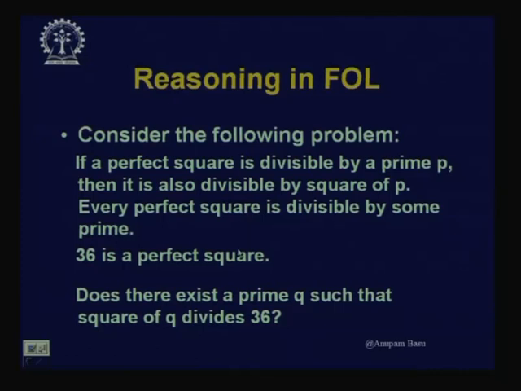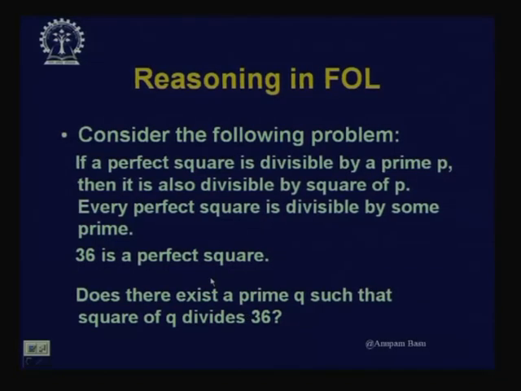Now, with these three statements, I want to reason to find out, does there exist a prime q, any prime number, a particular prime number q, such that the square of q divides 36? That is what we want to find out.